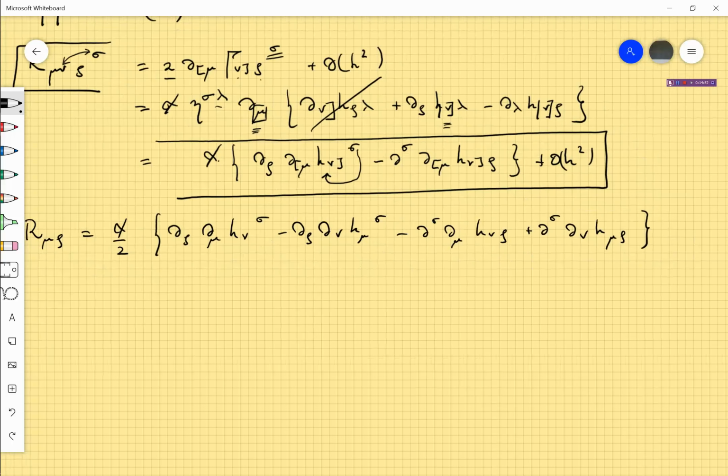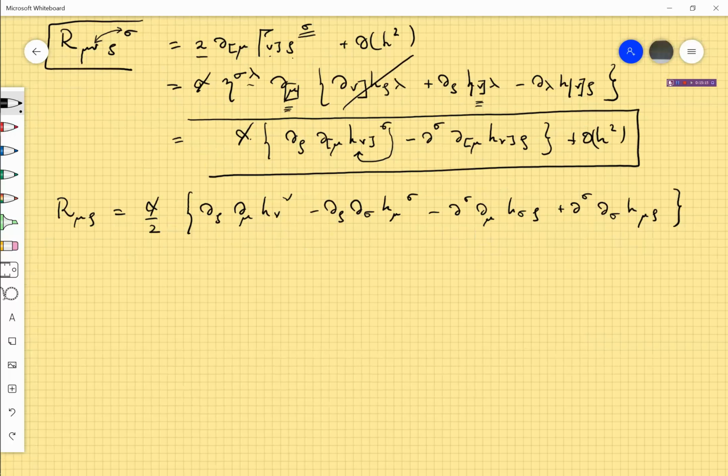As usual, plus terms of order h squared, and now I identify nu and sigma.